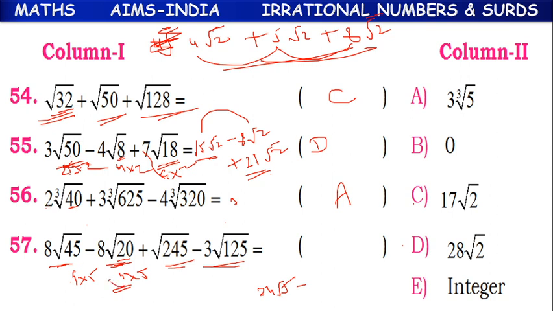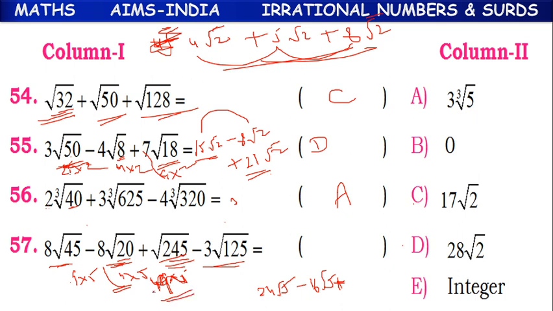Root of 4 is 2. 2 eights are 16. So 16 root 5, plus 245. 245 we can write as 49 into 5. 5 nines are 45, 4 remaining, 5 fours are 20, 24.